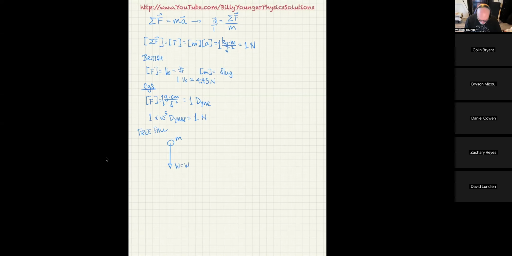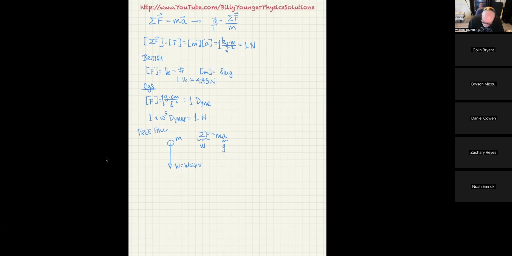So W equals weight, and that's all I'm going to call it right now because now I'm going to use Newton's second law. Summation of forces is equal to mass times acceleration. We now know that's the only force acting on it, so that's going to be W. Can anybody tell me what the acceleration of an object in free fall is? 9.8.